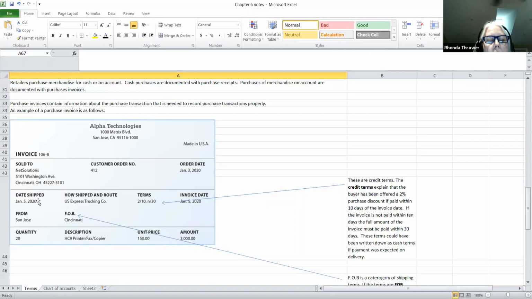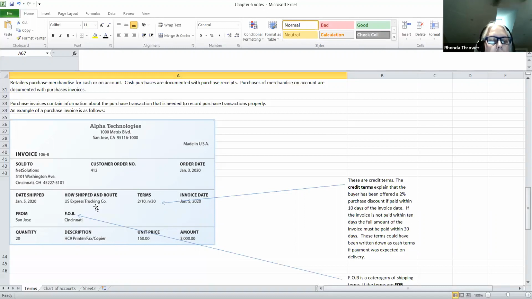Now, what's important on this purchase type of invoice is some information that is on this line here. First of all, they're telling you that they are shipping this merchandise that we bought from them to us. So notice they've got some information about how it was shipped. They're going to be shipping it through U.S. Express Trucking Company.